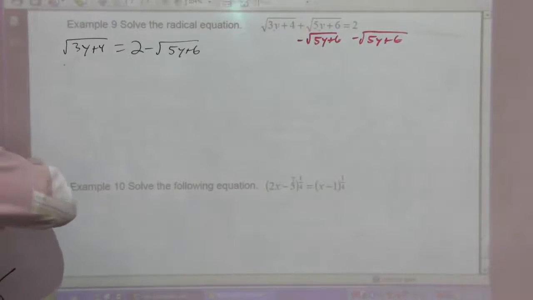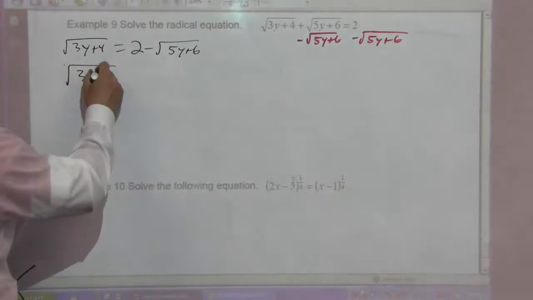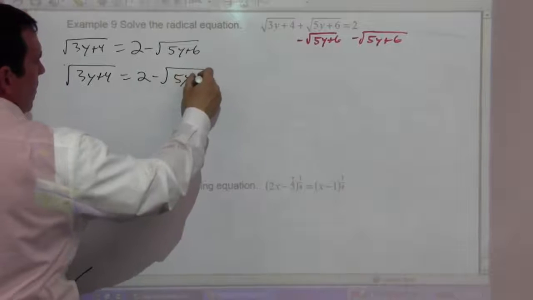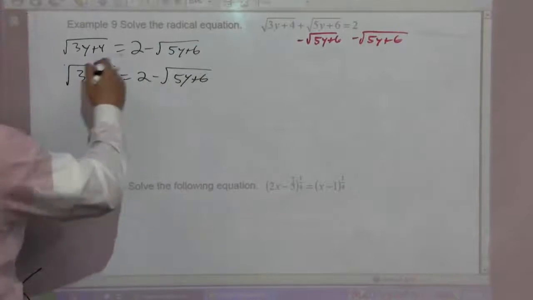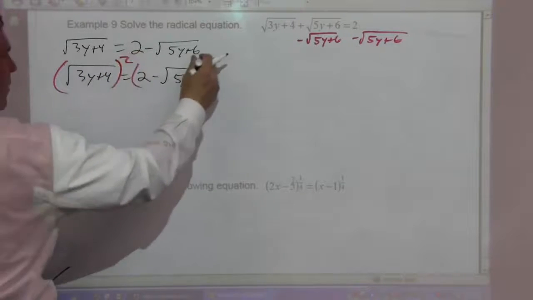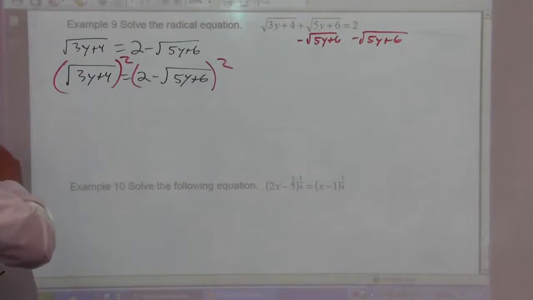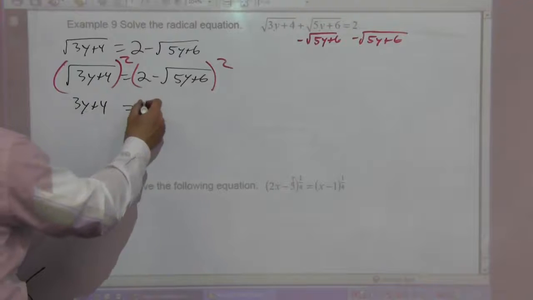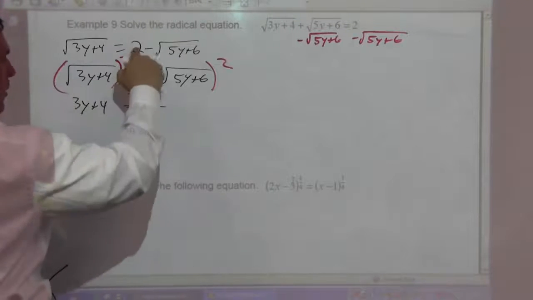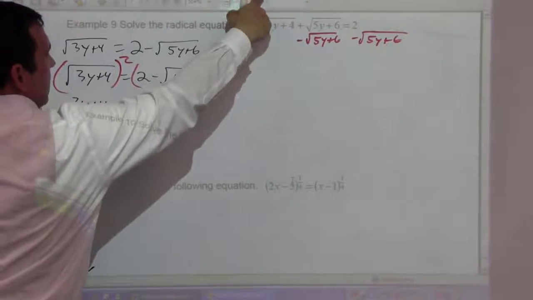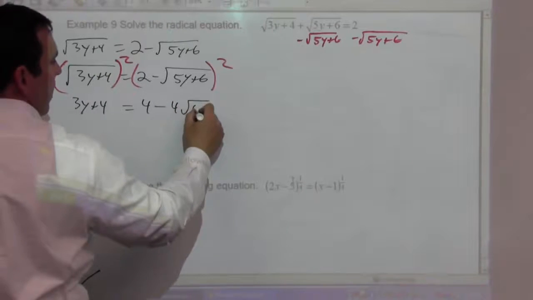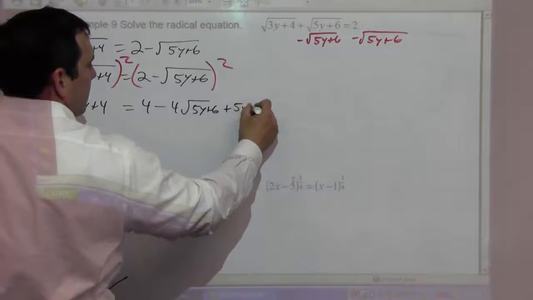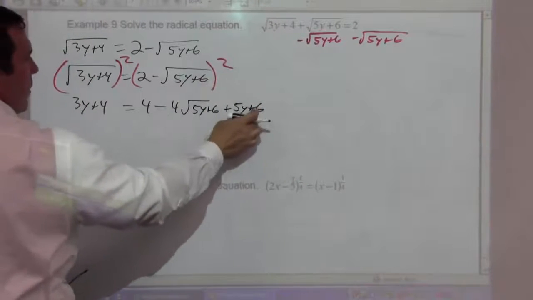So if we square both sides, you would have 3y plus 4 equals 4 minus 2 times a is 2, so it's 4 times the square root of 5y plus 6, plus 5y plus 6, that's our b squared.